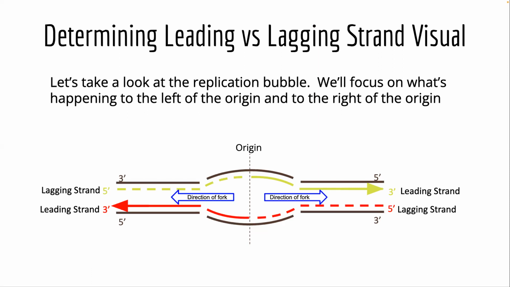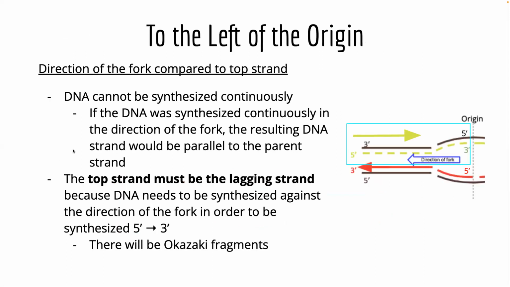And I think this is just an example that we're giving. Here we have 2 strands and we want to talk about how to determine the leading versus the lagging. So we're going to look at the replication bubble and think about what's happening to the right and then separately what's happening to the left.